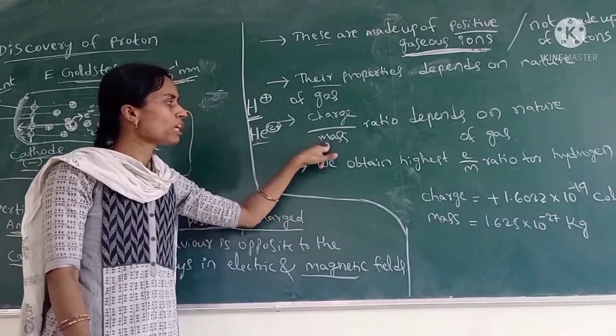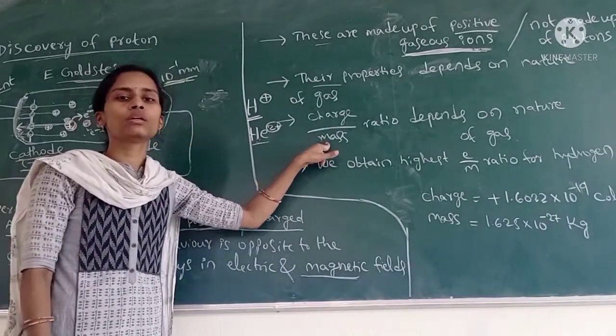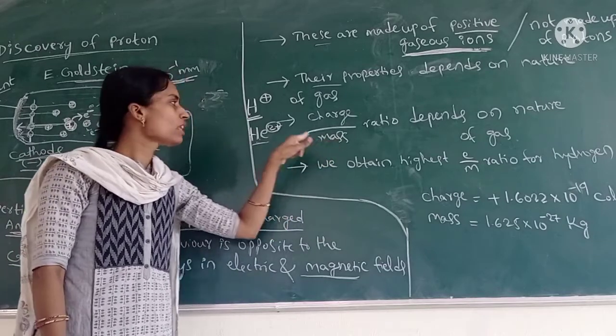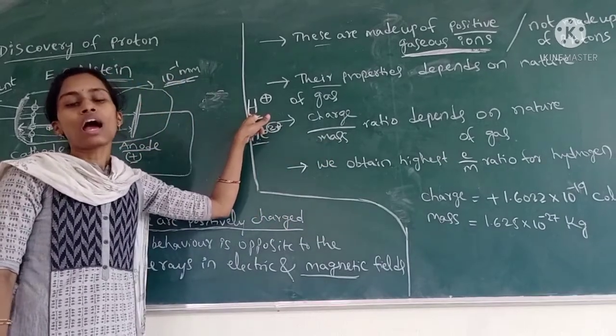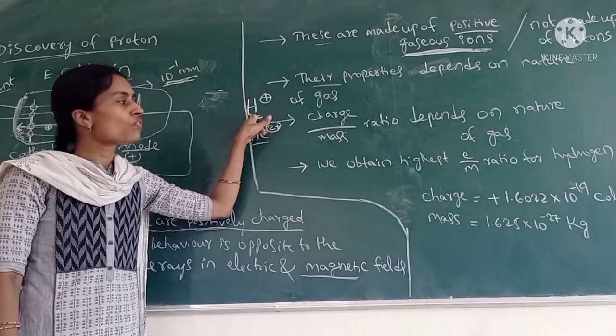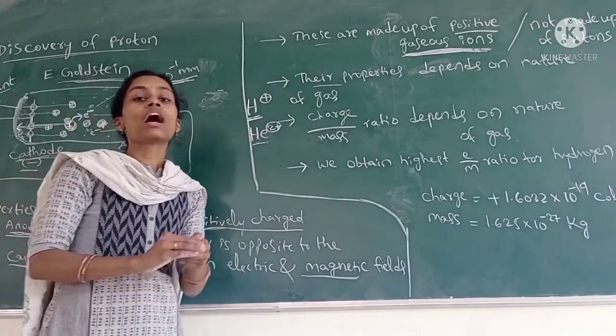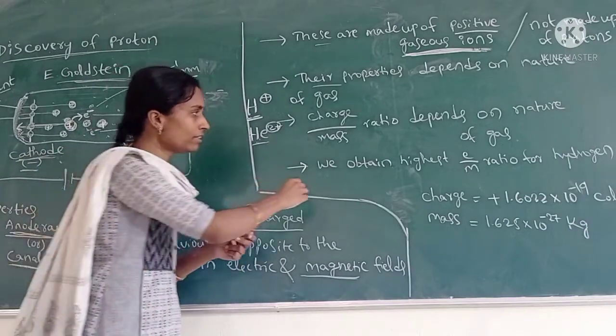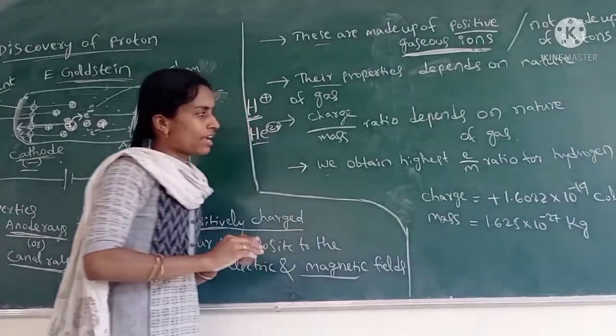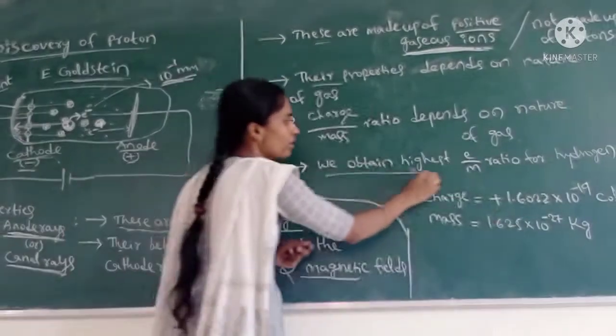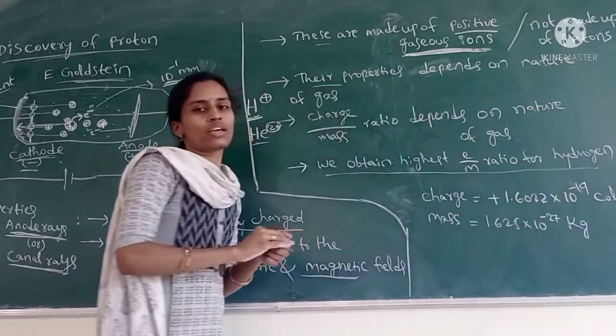So which gas will have the highest e/m ratio? The lightest gas, which is hydrogen. For hydrogen gas, the charge by mass ratio value is highest.